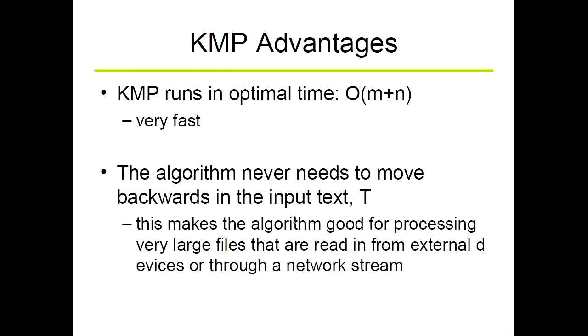Cool. All right. So the advantage: in general, it runs in the optimal time, which is m plus n. It's very, very fast. But if you talk about complexity, we can fool around with each other for the whole semester.